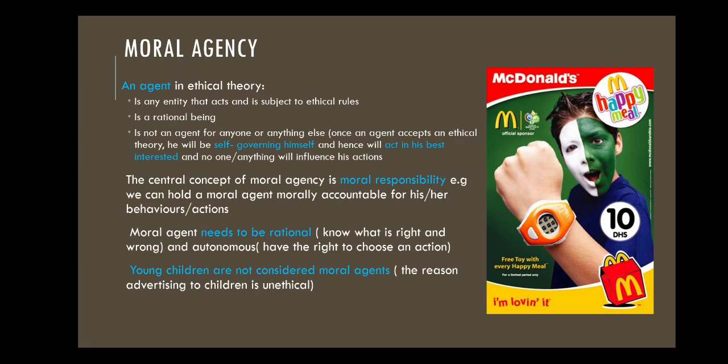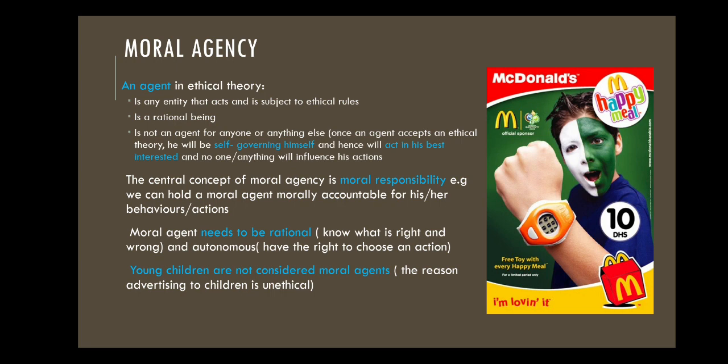Another thing you have to know before you can learn about moral reasoning is moral agency. Who is an agent in ethical theory? I think the more correct word is actor.